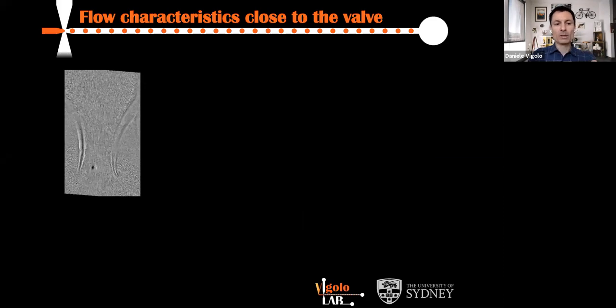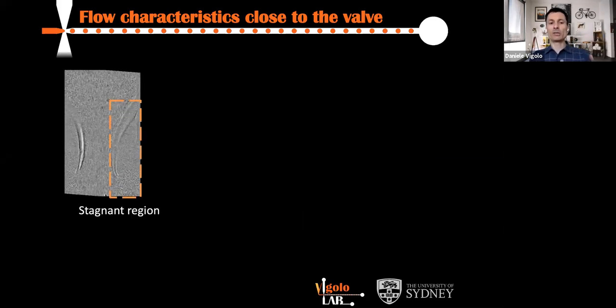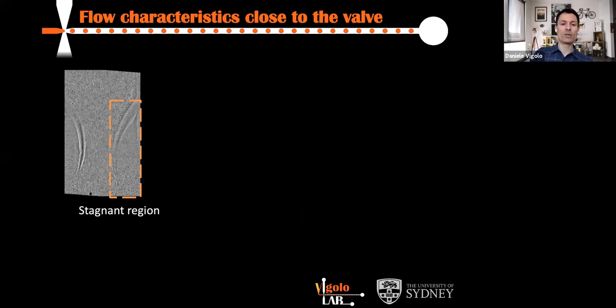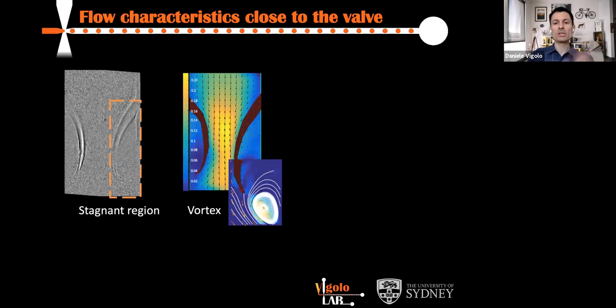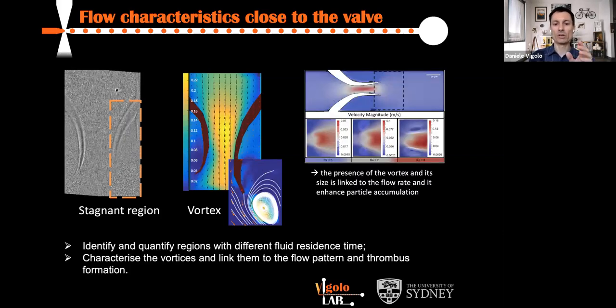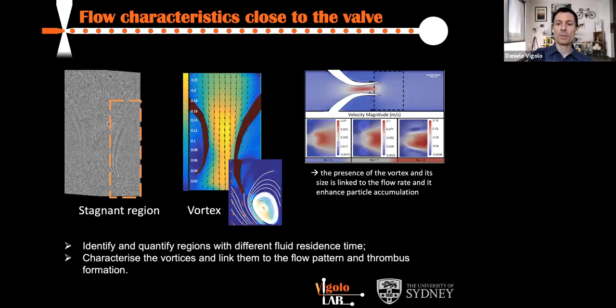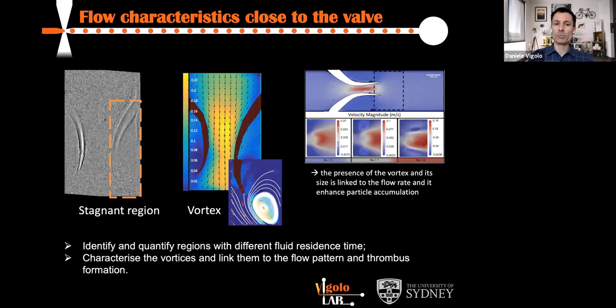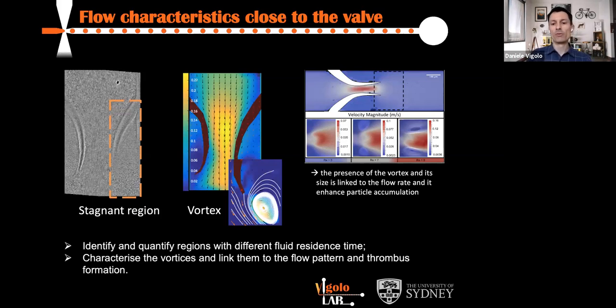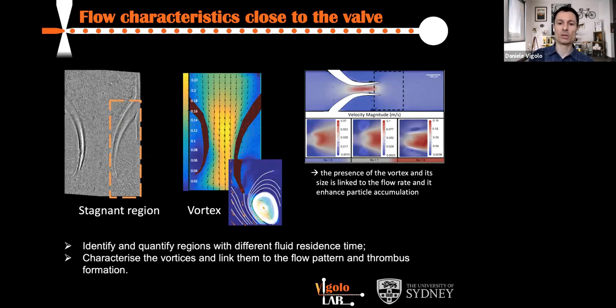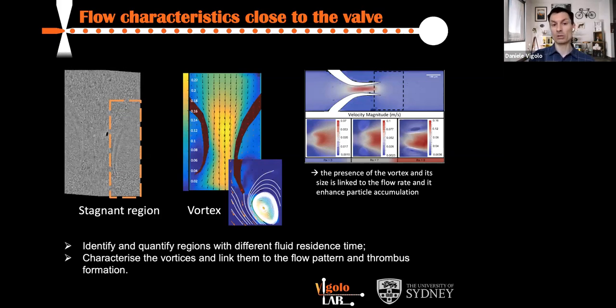And by mapping this, essentially, you can appreciate the presence, for example, of stagnant regions, but also the presence of vortices. And this is something that we investigated, because these vortices that develop essentially at the tip of the leaflet will grow, of course, with the Reynolds number, and so with the velocity magnitude of the flow, and they are somehow connected to the possibility for particles to accumulate, but also for platelets to be activated and eventually form a clot, which is what we want to understand in terms of DVT.